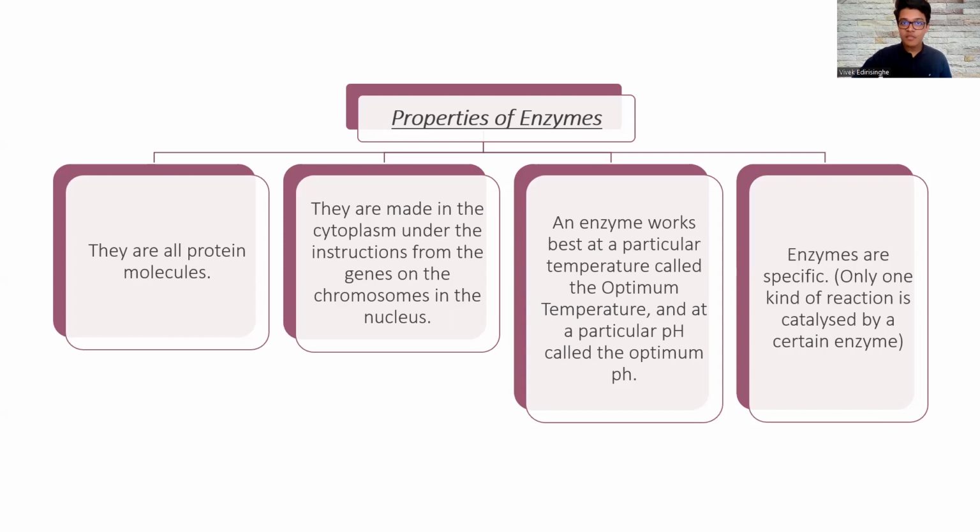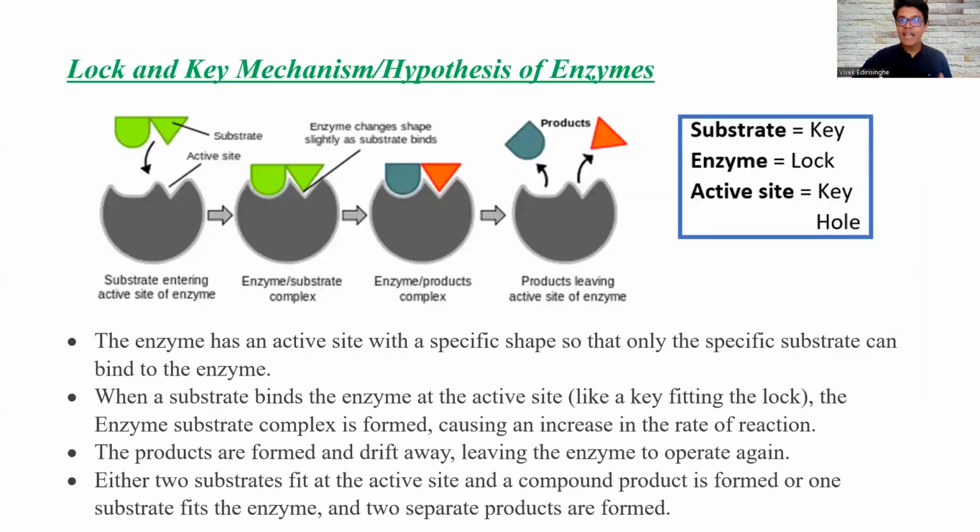Now it's the most important part of this lesson, which is the lock and key mechanism, or basically how enzymes work. First, let's get familiar with the key terms. Substrate is the thing that binds with the enzyme, also referred to as the key, whereas the enzyme is referred to as the lock.